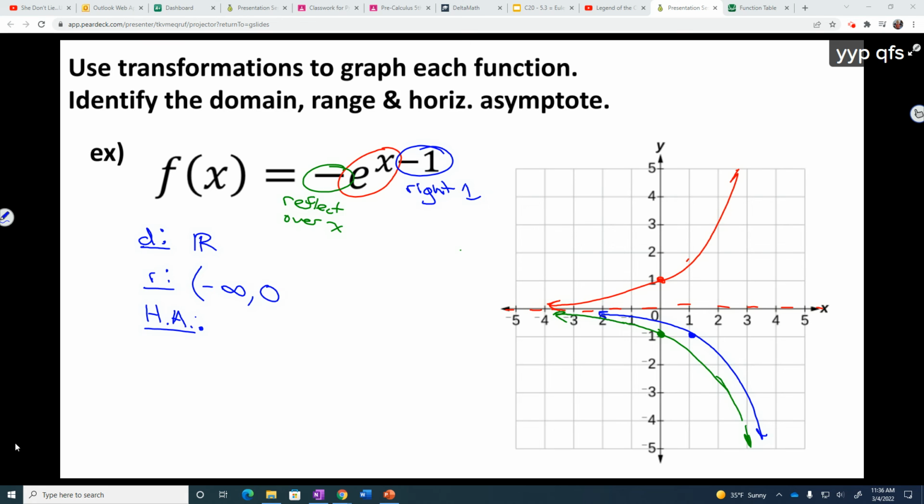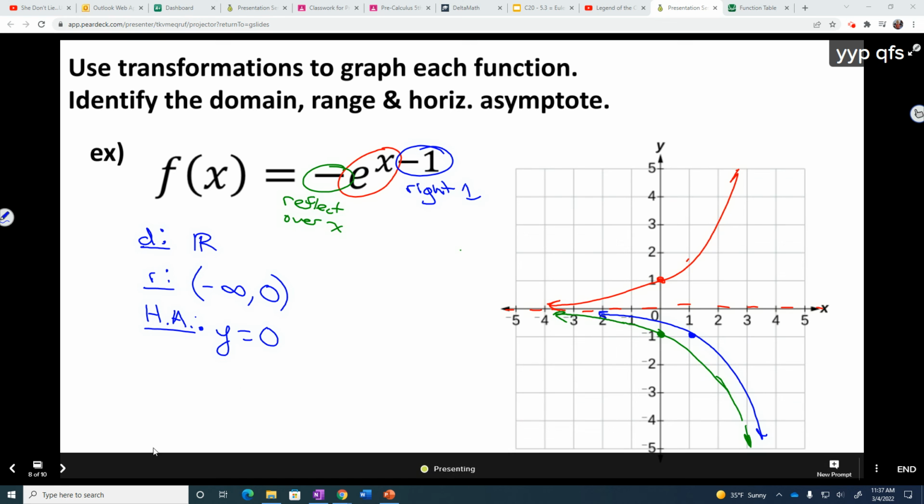And then it goes up to 0, but doesn't touch it. And then the horizontal asymptote, we didn't move, so it's still 0. And again, notice it's in the range. It's the second part of the range this time, but it'll always be in the range. I'm gonna do one more example, and then you guys can hopefully finish the problems before you leave here.